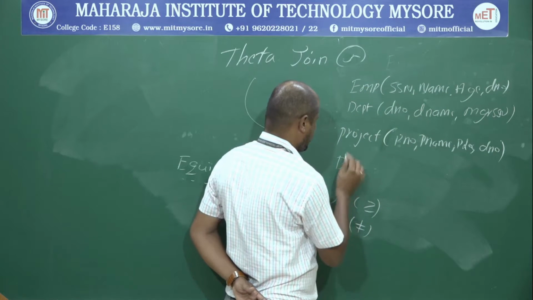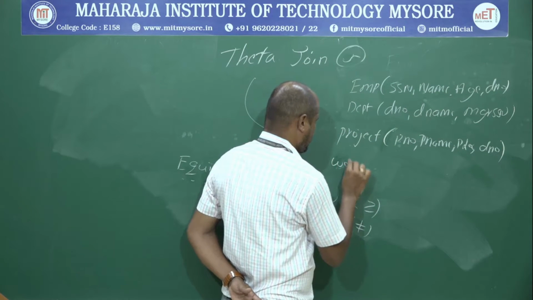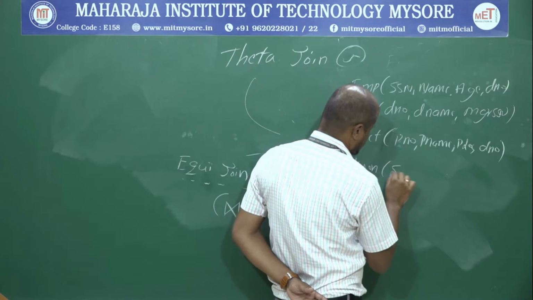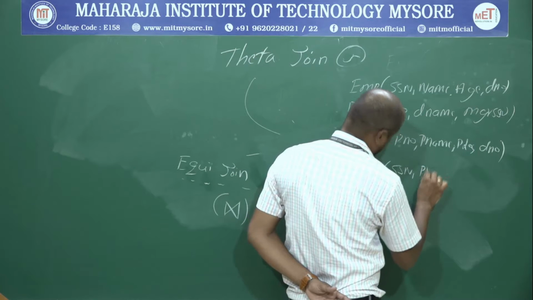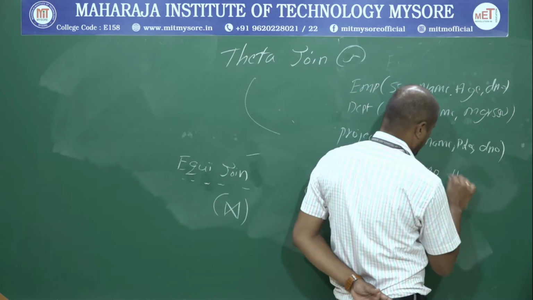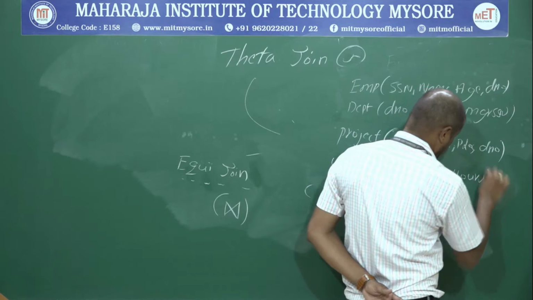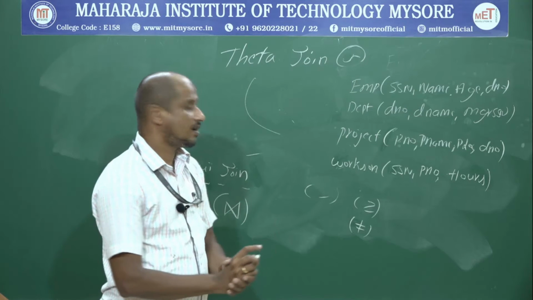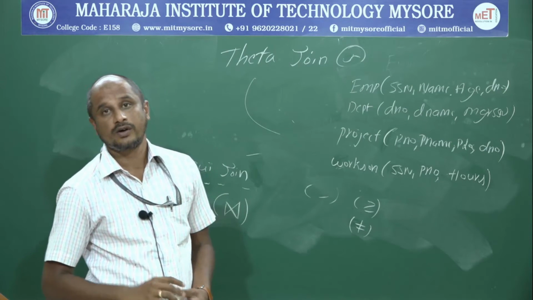Then I have works on, containing SSN, P number, and hours. So: employee, department, project, and works on.